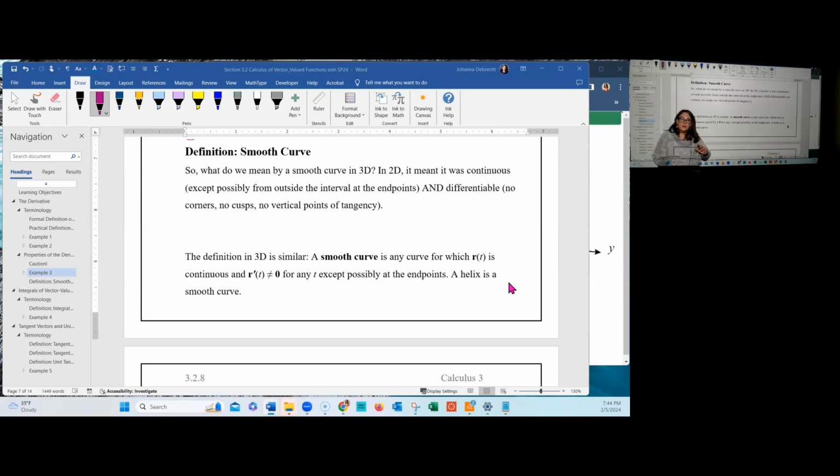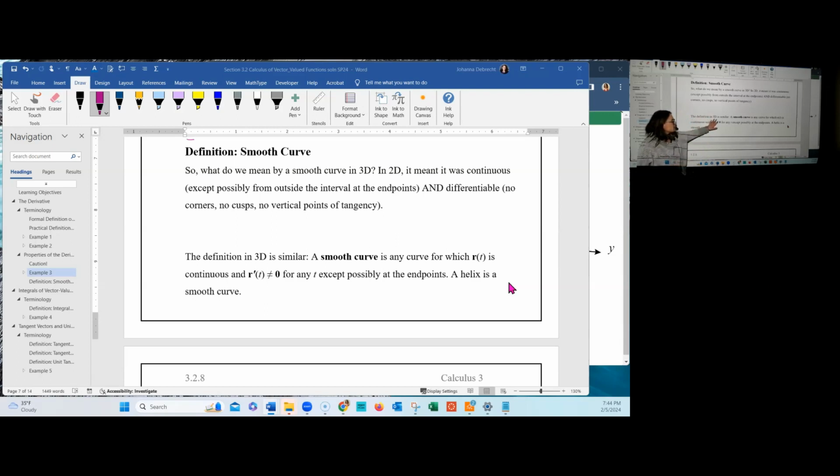So to be smooth in Calculus 1 meant that the function itself was continuous, all right, draw it without picking up your pen, and it was differentiable, which meant it had no corners, no cusps, and no vertical tangent lines, and that made it smooth.